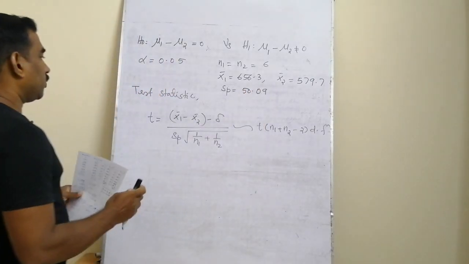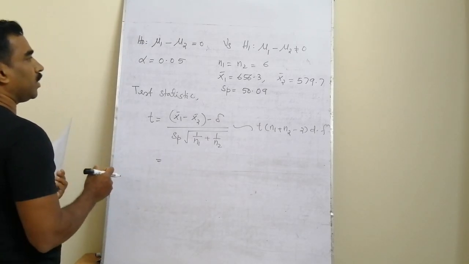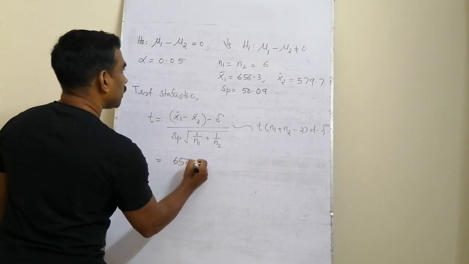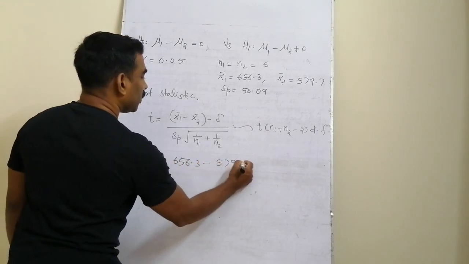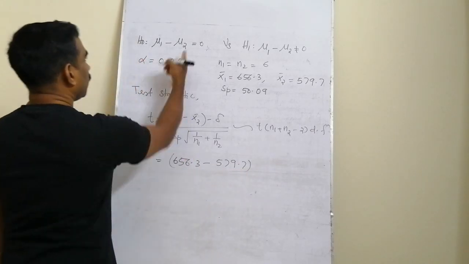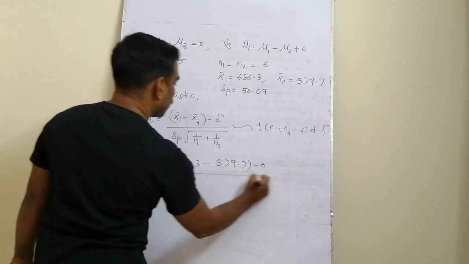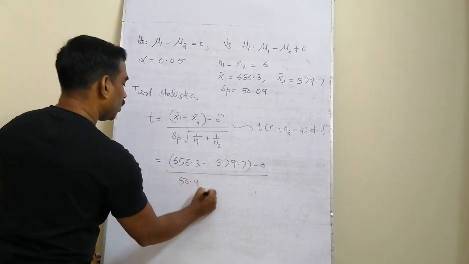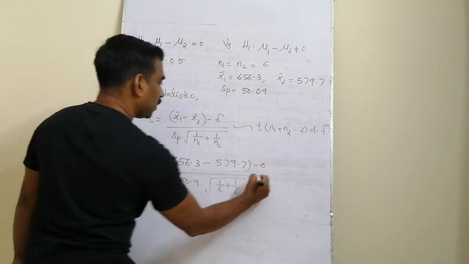Now substituting all these figures, that means substituting for x1 bar and x2 bar, that is 656.3 minus 579.7 minus, here the difference is taken as 0, that is delta is equal to 0, minus 0, the whole divided by sp, that is 50.09 into square root of 1 by 6 plus 1 by 6.